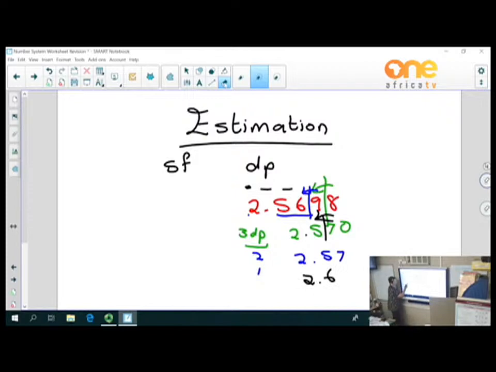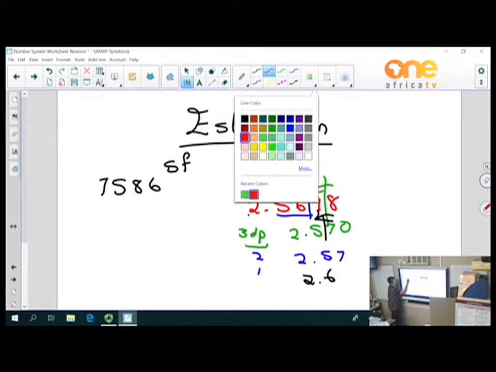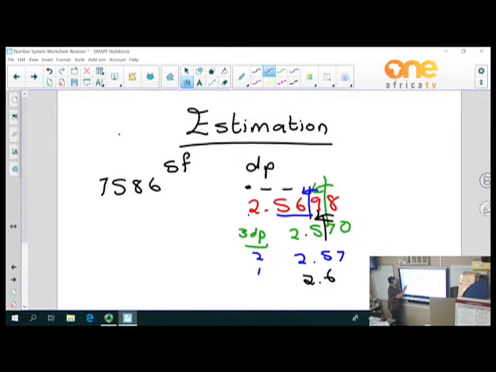Now significant figures work from the left. So if I have 7586, and we say to the first significant figure, this is your most significant figure. Now the question is, will the 5 influence the 7? Yes, but I must keep the place value because remember the point is actually there.